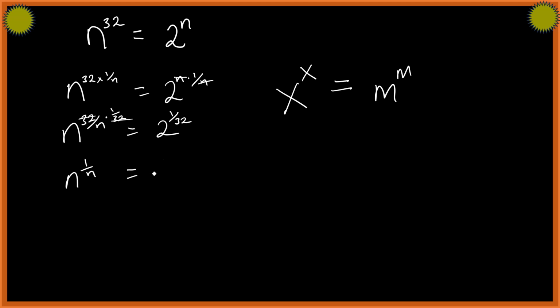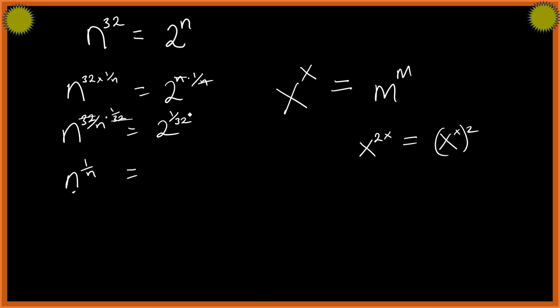Now we are going to adjust the right-hand side. We have something here which is the same as the denominator of the power here. So let's adjust this. In case we're given x raised to 2x, that's the same as x raised to x raised to 2.